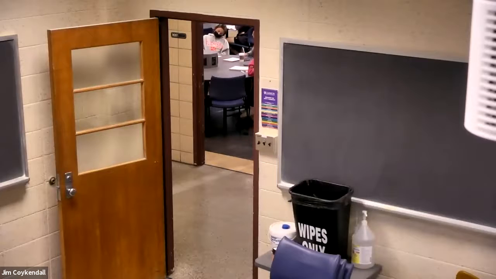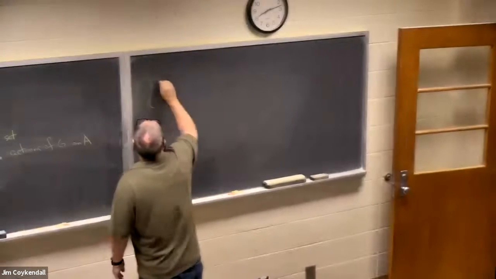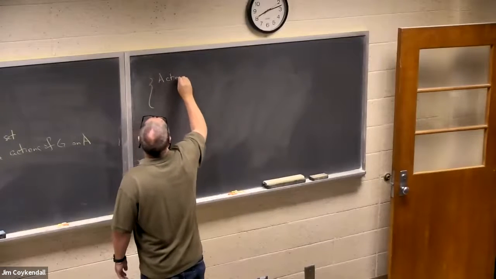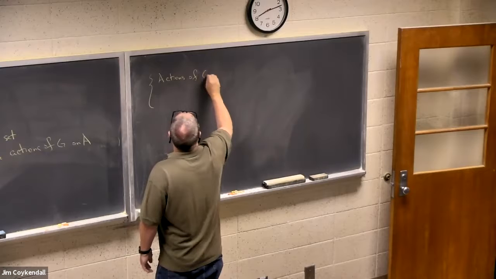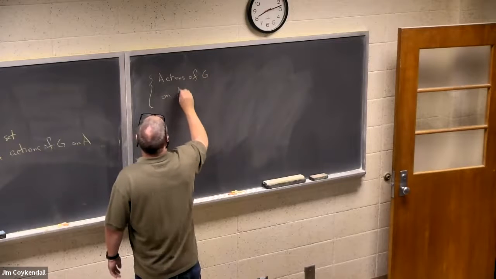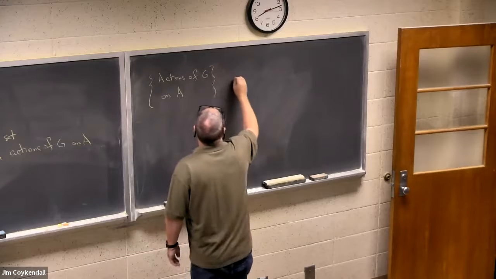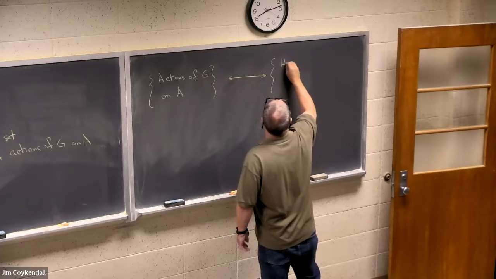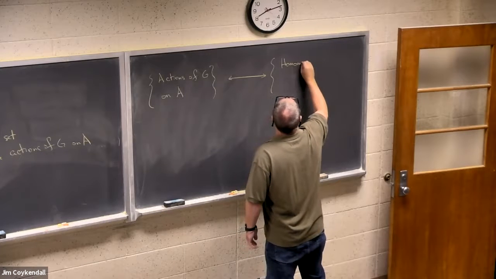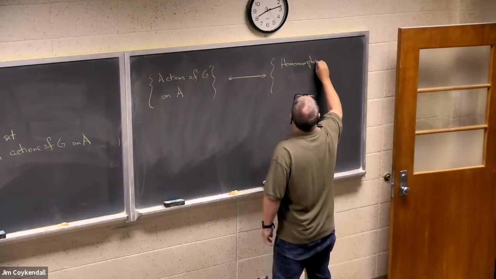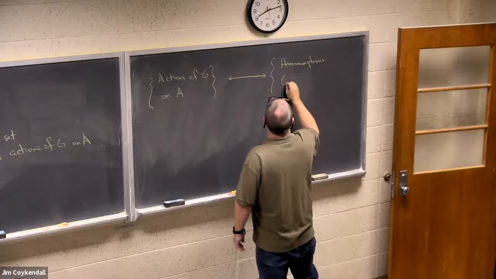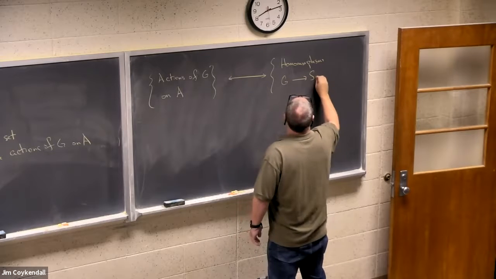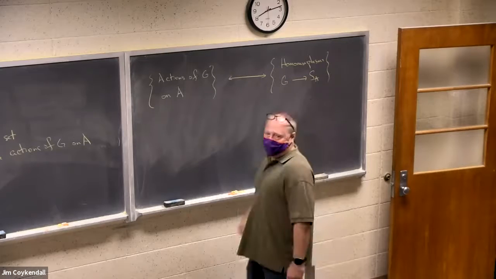So, this bijective correspondence from actions of G on A and homomorphisms from G into the permutations.